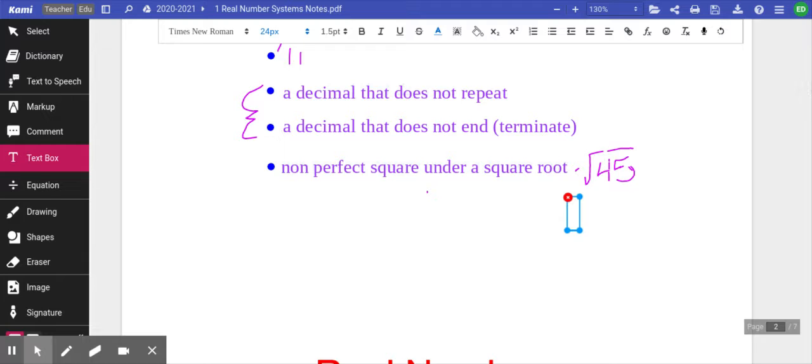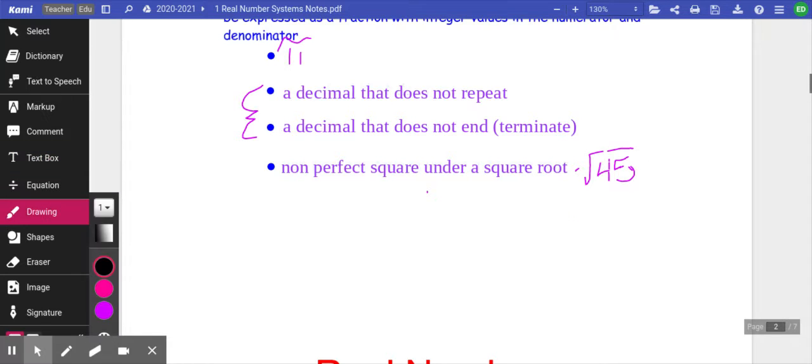So I could add that in, and we can just show that it goes on forever. So now by definition, this is irrational because it doesn't end or repeat.